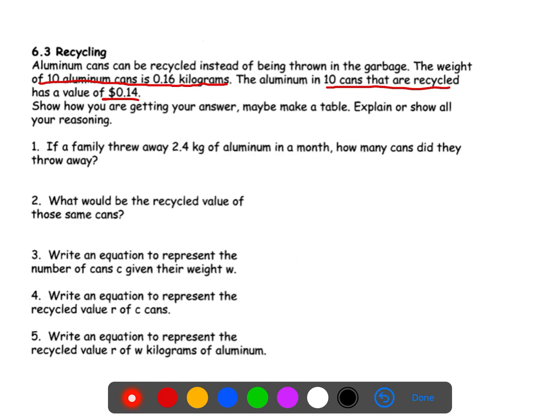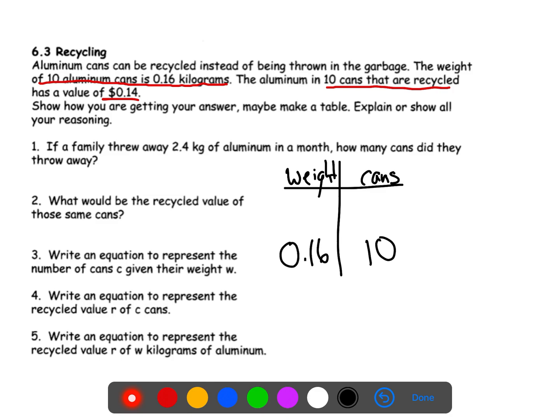To solve this problem, we would want to know how to compare the weight to the number of cans. We were told that 10 cans weighs 16 hundredths of a kilogram.